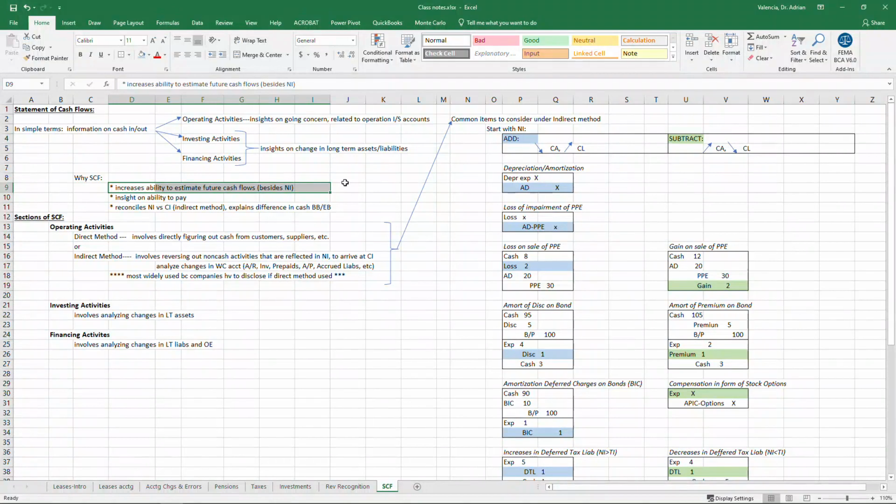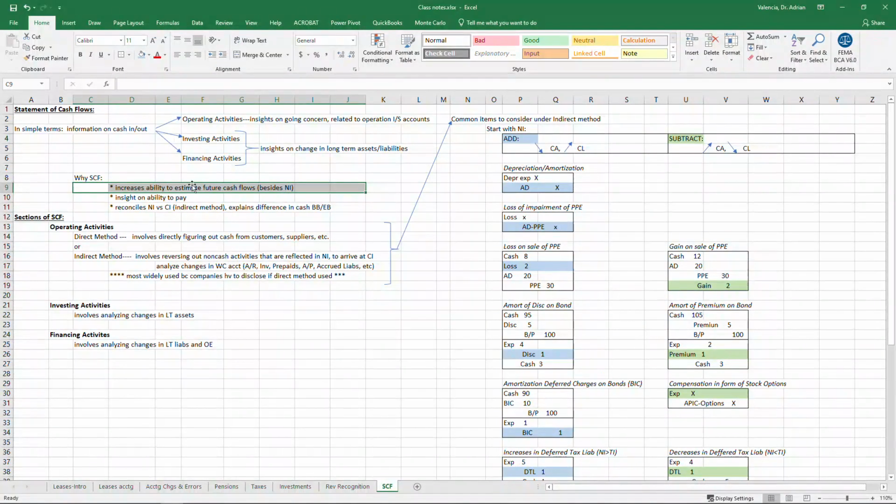And this might not be as apparent as to why this is so important, but the potential to be able to estimate future cash flows is a very important thing for business people. And we have documented that net income itself has some predictive value in being able to come up with future cash flows of a business.